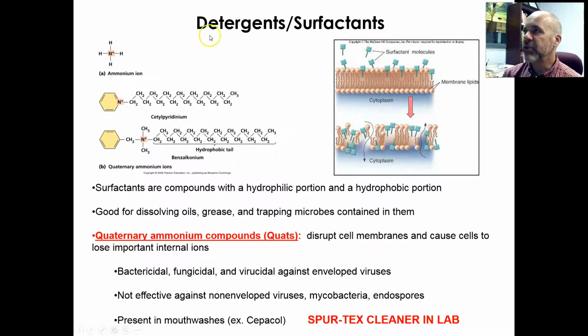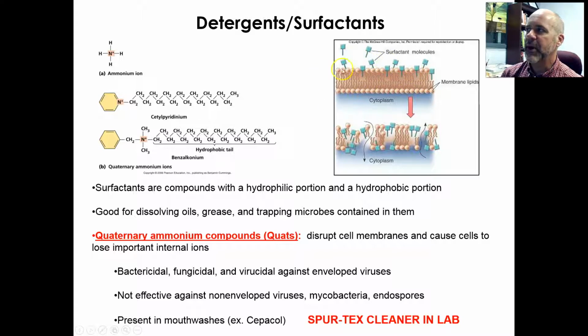All right, detergents and surfactants. These are kind of in a category together, and these are molecules that have a hydrophobic portion and a hydrophilic portion. Hopefully that reminds you of the phospholipids that make up cell membranes. That's what they're trying to show you over here.